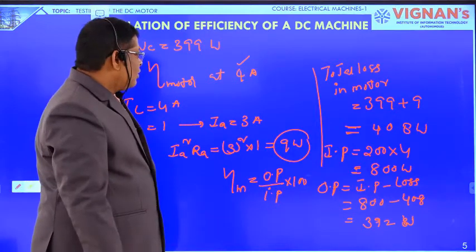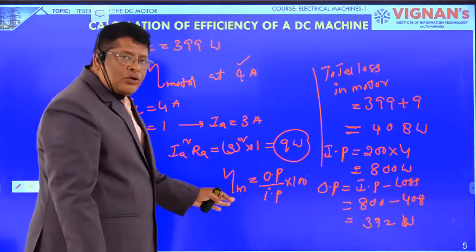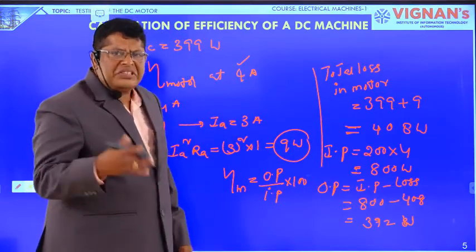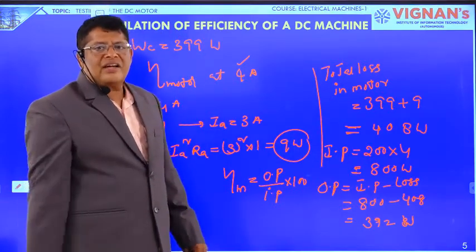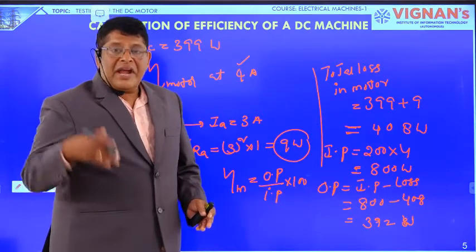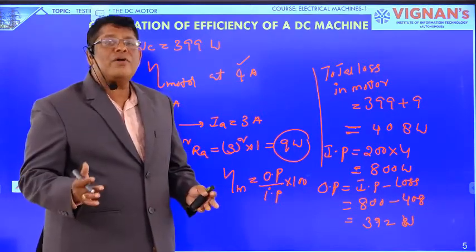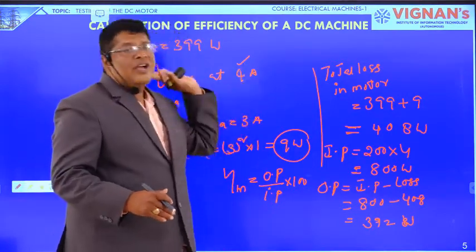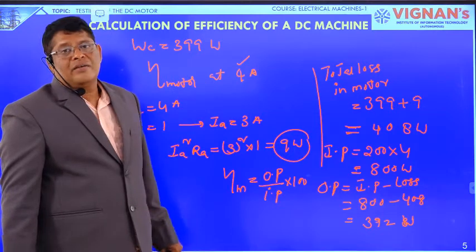In the same manner, we have calculated the efficiency of the motor at 4 amperes of current. In the same manner, you can calculate the efficiency of the motor at 6 amperes, 8 amperes, 10 amperes, whatever value of current we want, by using the constant losses in a motor.